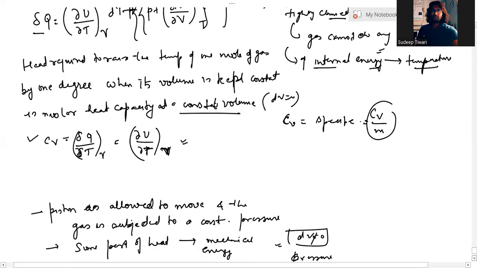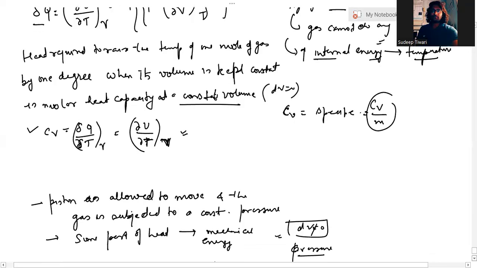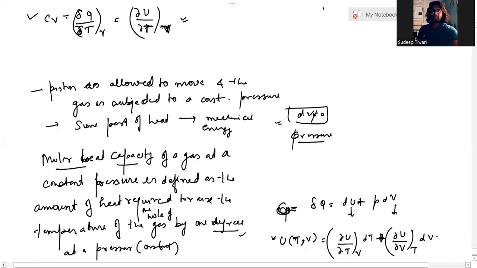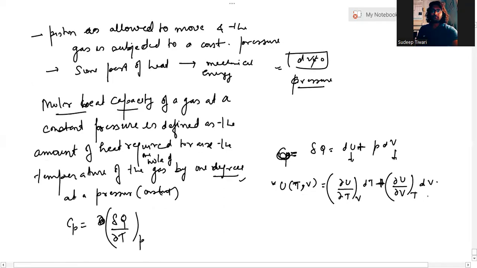Now I'm trying to write Cp. Okay, so this is my equation number 1. And how can I write another equation? Since I'm talking of constant pressure, I should write it at a constant pressure.